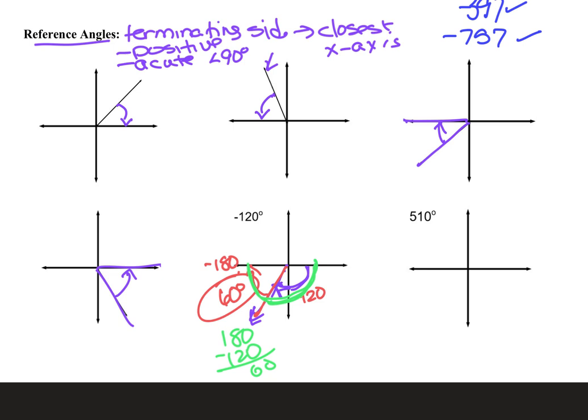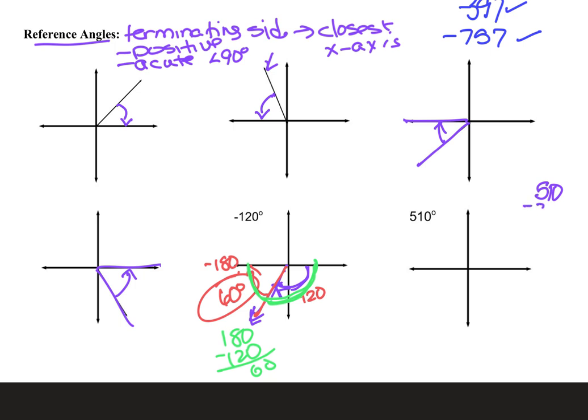So 510. If you want to draw 510 in standard position, you need to figure out where this ended. 510 is bigger than 360, so we know we went around the circle at least one time.